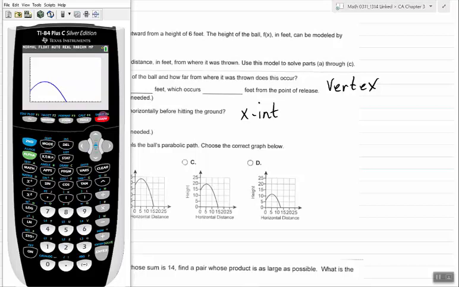All right, first question. It says, what is the maximum height and from where was it thrown? So that's your vertex. Second, calc. It's a maximum in this case. I have to get to the left side of the maximum. Remember, it's prompted you saying left bound. There we go. Right bound.